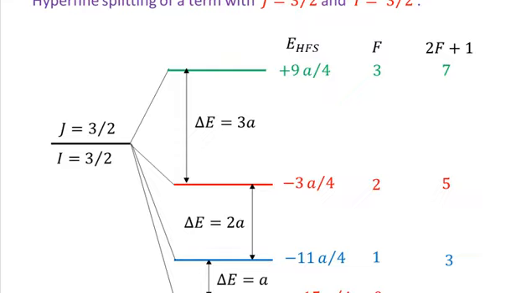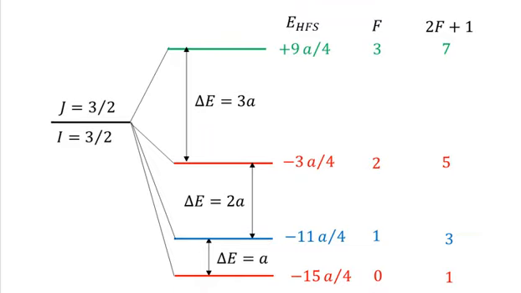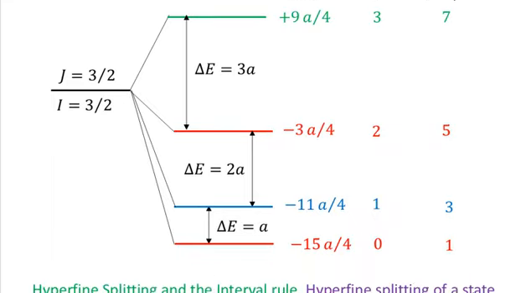Similarly, the hyperfine energy corresponding to f equal to 1, the blue level, is minus 11A over 4. And the hyperfine structure energy corresponding to f equal to 0, the lowest red level, is minus 15A over 4.